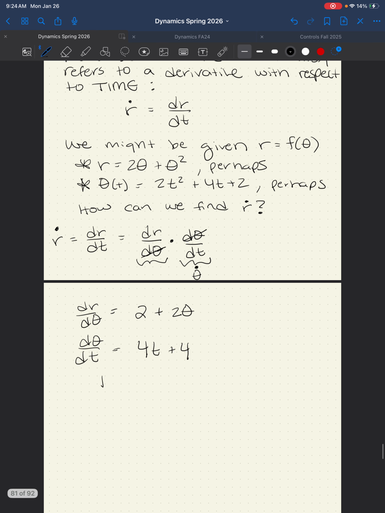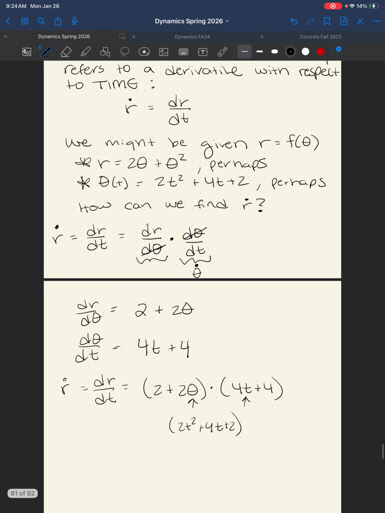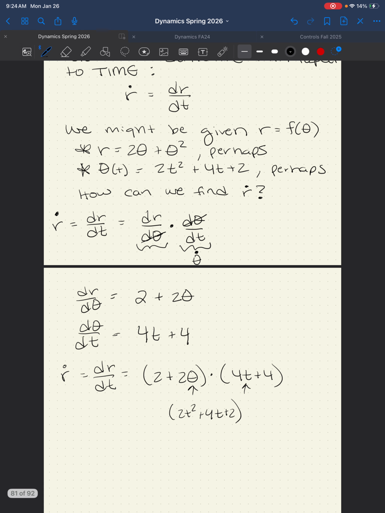Okay, so for this example, dr dt or r dot is equal to dr d theta times d theta dt. Okay. And if you'll notice that we have thetas and t's, which is a little bit awkward. So what you could do is then substitute in theta is equal to 2t squared plus 4t plus 2, and then this whole expression will be in terms of t. Okay, so just an example.